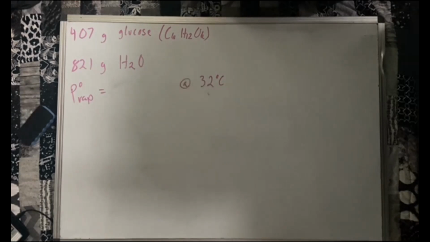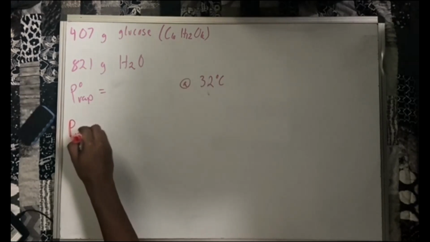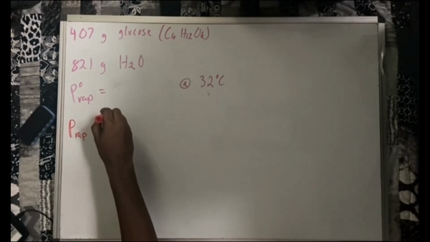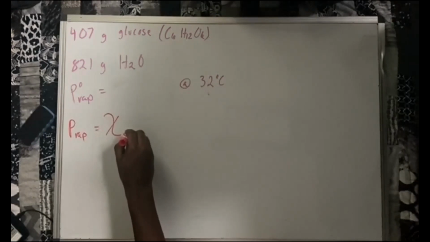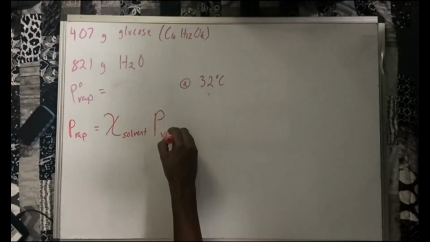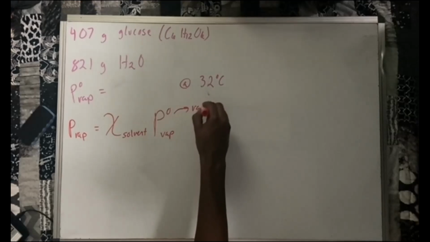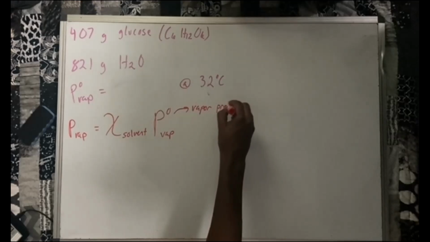So if we go back and think about our colligative properties, you'll see that the vapor pressure of your solution is equal to the mole fraction of your solvent times the pure vapor pressure, the vapor pressure of the pure solvent.